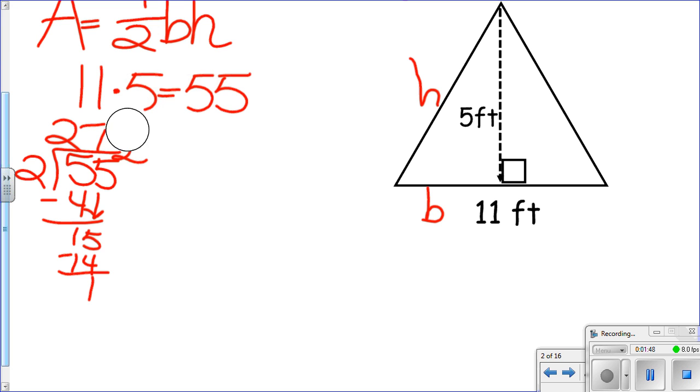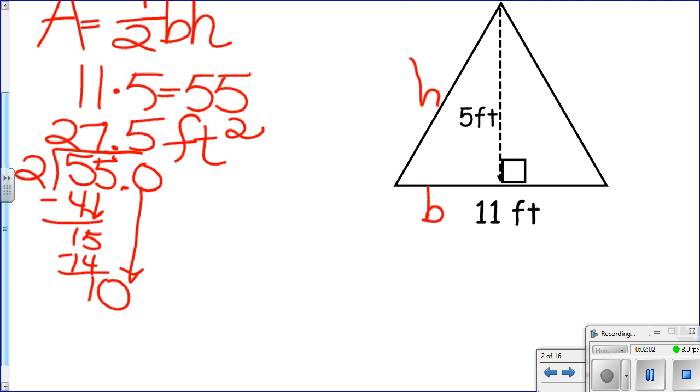So if I did not want to use that 1/2, I'd use a decimal and a 0. 2 into 10 is 5, so it's 27.5 feet squared. Area is always going to be squared units.